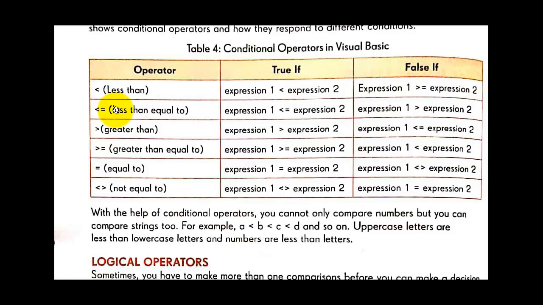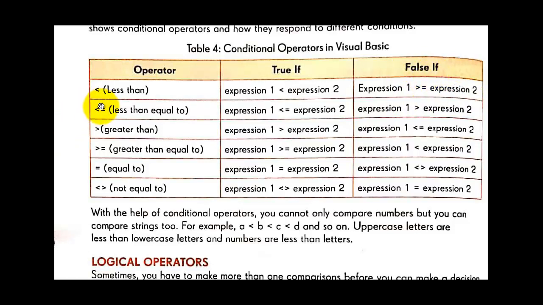The condition given here is that expression 1 is less than expression 2, so obviously it is true and it will return the value true. If it is false, that is, expression 1 is not less than, but greater than or equal to expression 2, then it will return the value false.